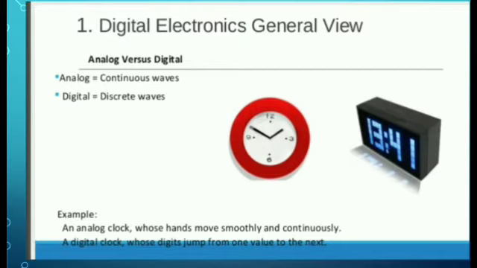For example, an analog clock has hands that move smoothly and continuously, while a digital clock has digits that jump from one value to the next. So this is analog and digital. Okay, students? Right.